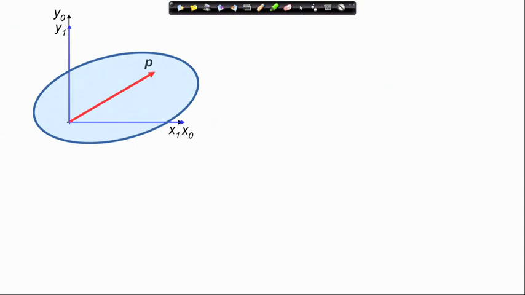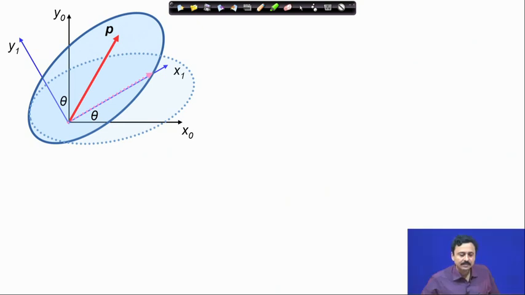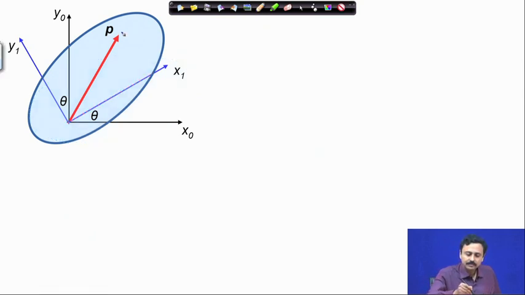Here I have shown you x0 y0 as the ground fixed frame and x1 y1 as the body fixed frame. As the body rotates, the body fixed frame also rotates with it, and the point P takes up a new location.